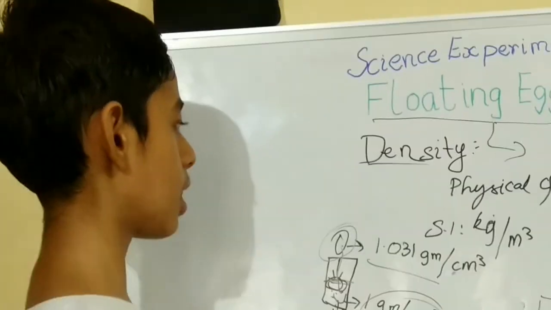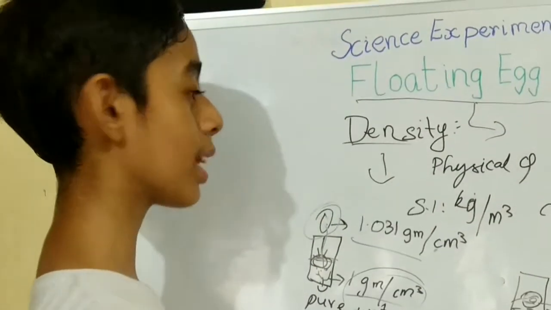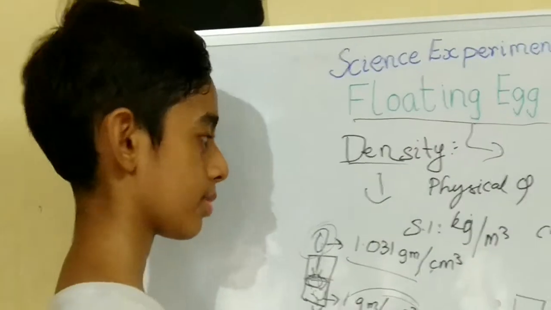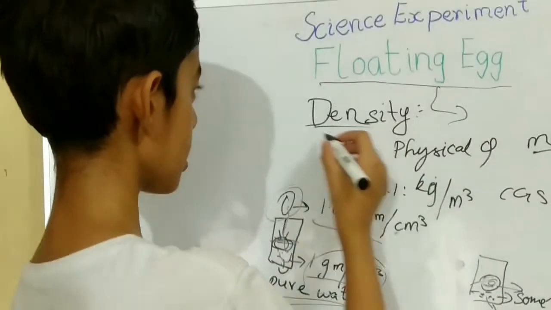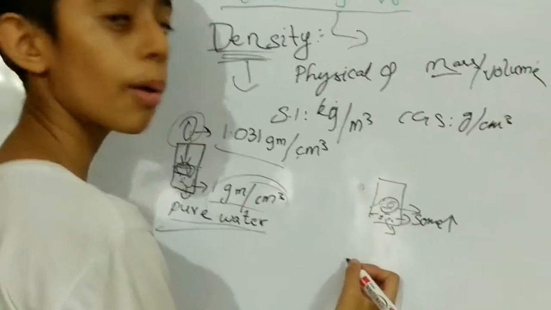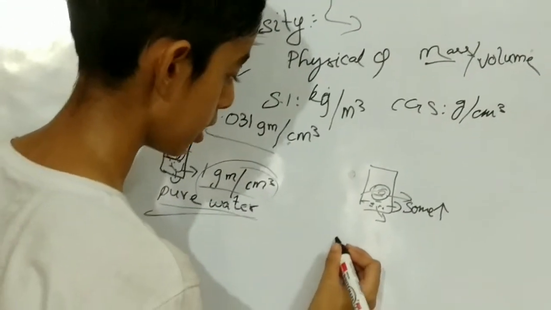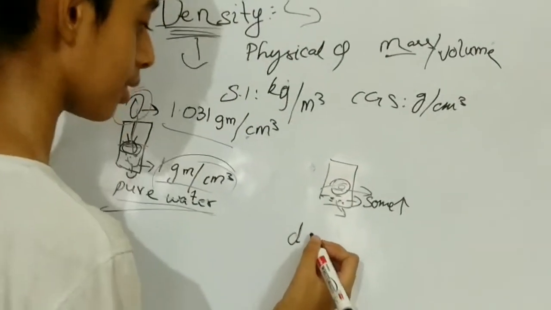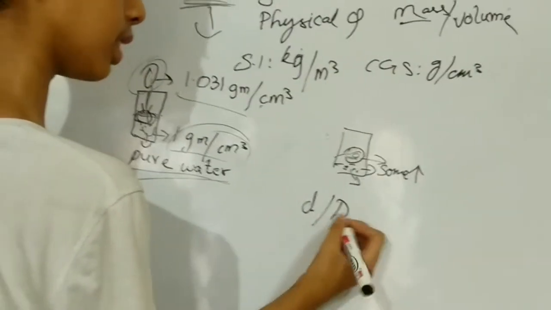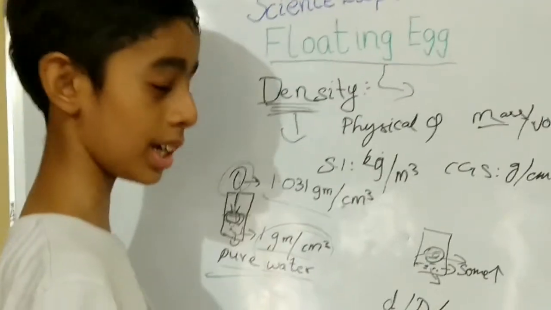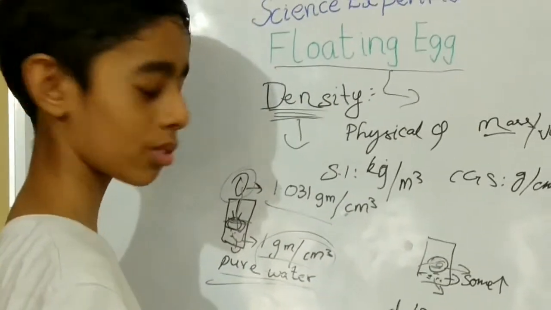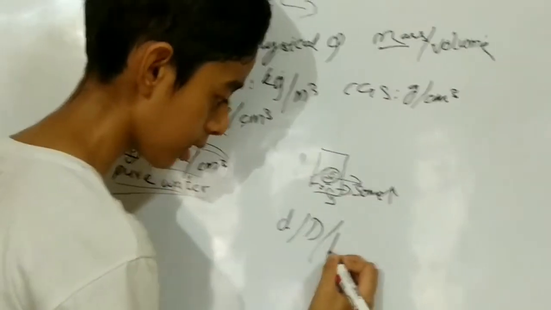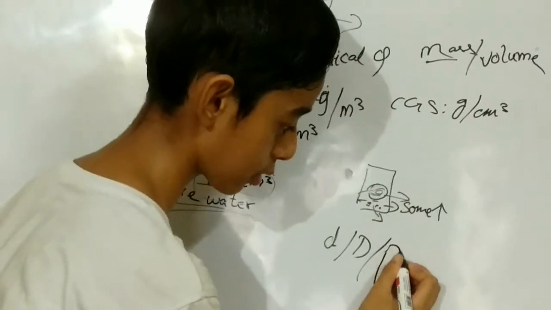And this is all about the density topic. Another thing is the symbol of density, which is rho, and its formula. You can write density like this or D. Otherwise, in many books, like H.C. Verma, the symbol is in this format.